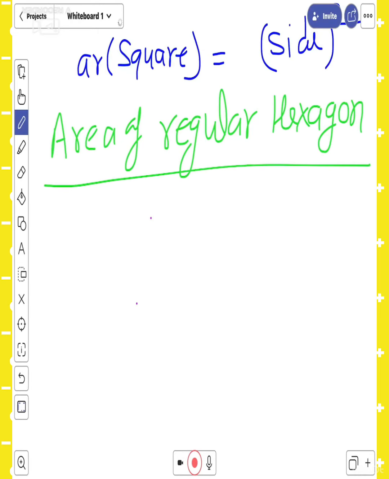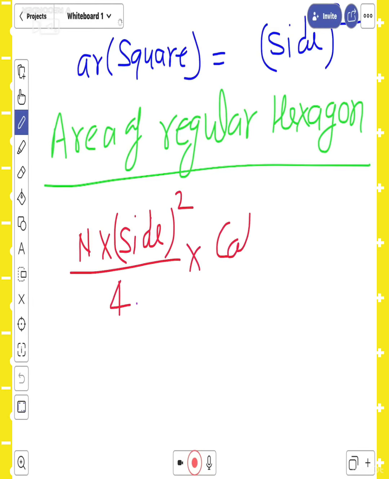So again you use the general formula, and the formula is n into side square divided by 4 into cot 180 degree divided by n once again. N is the number of sides. So how many sides in the hexagon? There are 6 sides in the regular hexagon. So you will put the value of n here only.